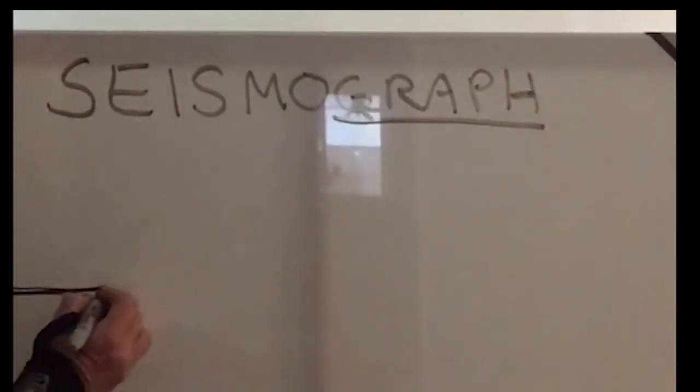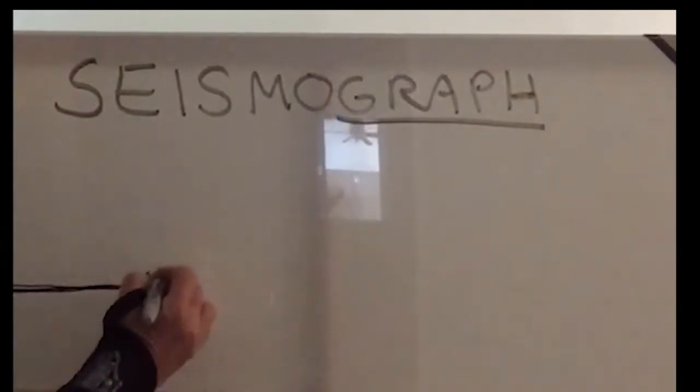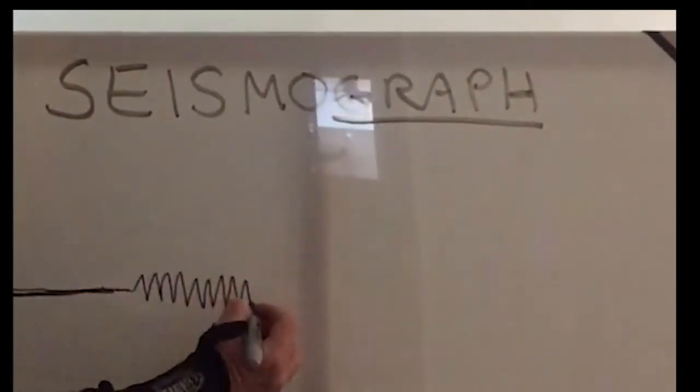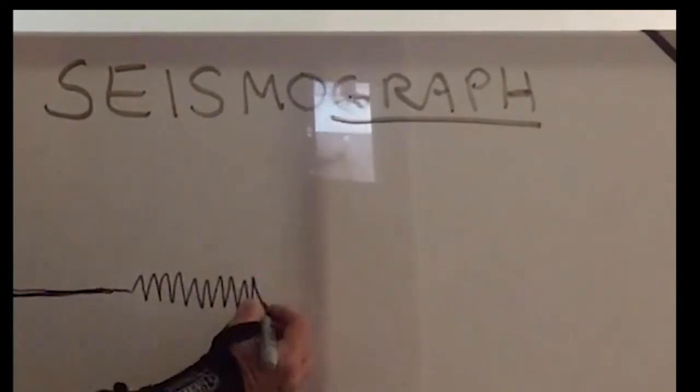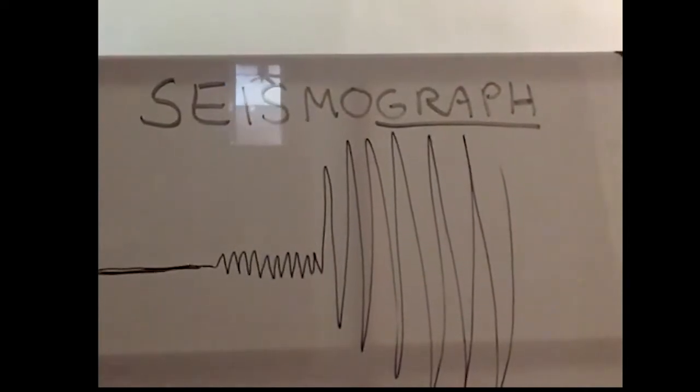Then, all of a sudden, if we start getting some seismic activity in the form of P waves, it could look like this. And then a little later we get waves that start looking like this. So this is a representation of a seismograph.